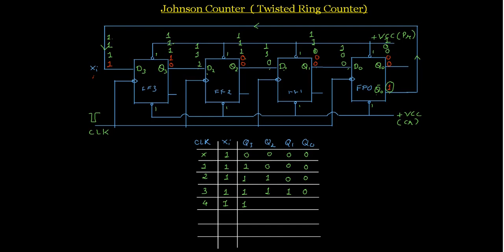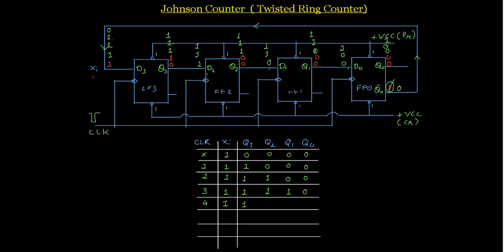Now when Q0 is going to be 1, this Q0 bar will be 0, and that is going to appear at the input of flip-flop number 3, and this input is now going to be 0.